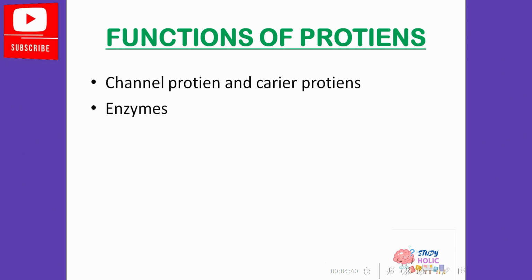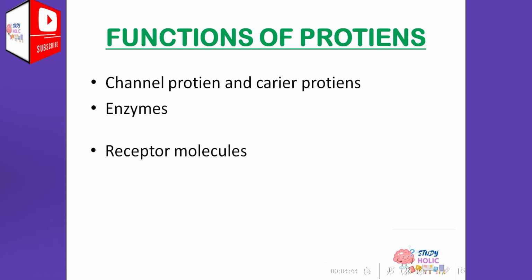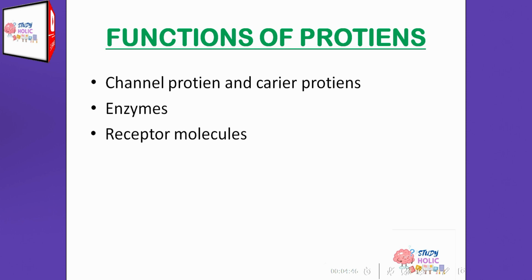Some plasma membrane proteins are receptors that receive signals from other cells. As an example, we can take hormones in the blood, which circulate in the blood but bind to specific target cells with specific receptors, which are plasma membrane proteins. The last function of the protein is antigens.